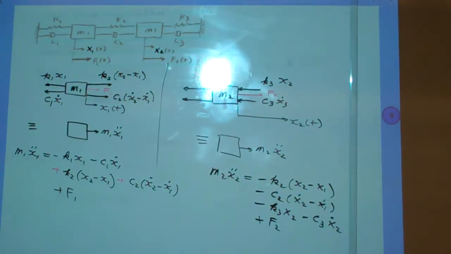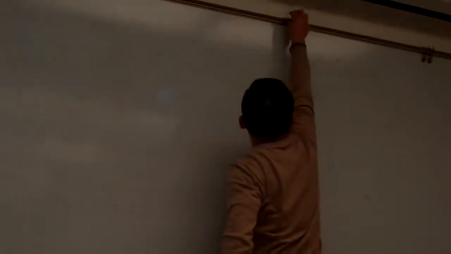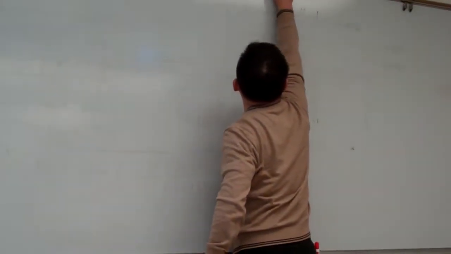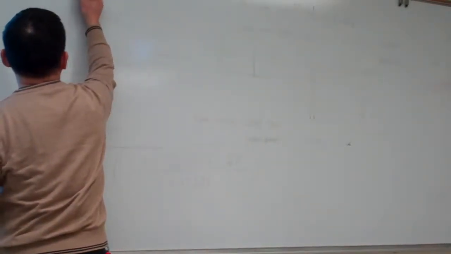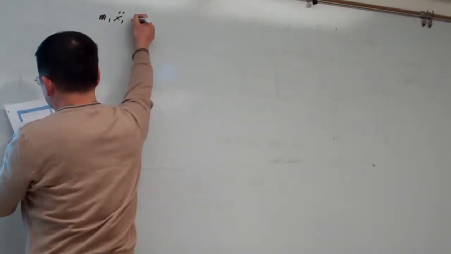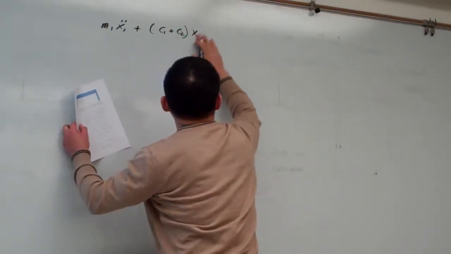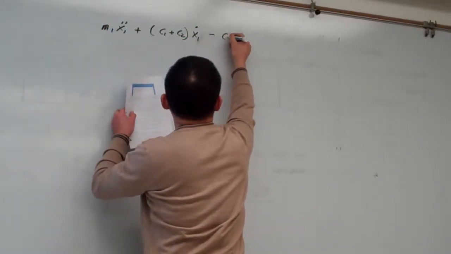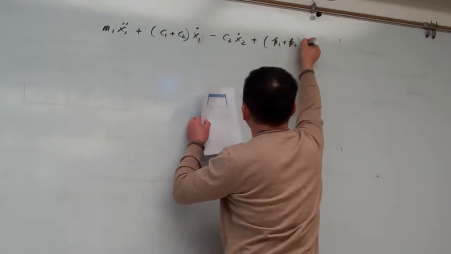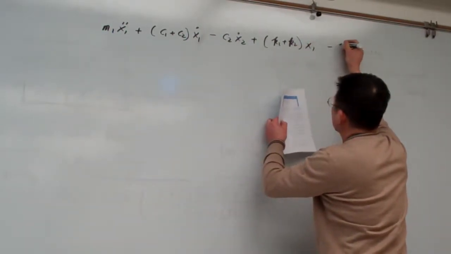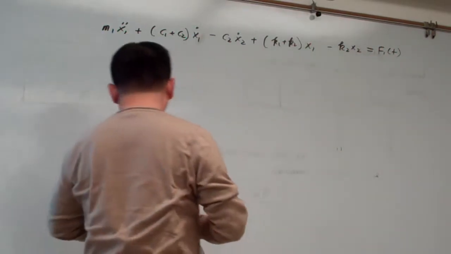Okay, so put everything together, and that is the equation. Let me write it up here. So m1 x1 double dot plus (c1 plus c2) x1 dot minus c2 x2 dot plus (k1 plus k2) x1 minus k2 x2 equal to F1.